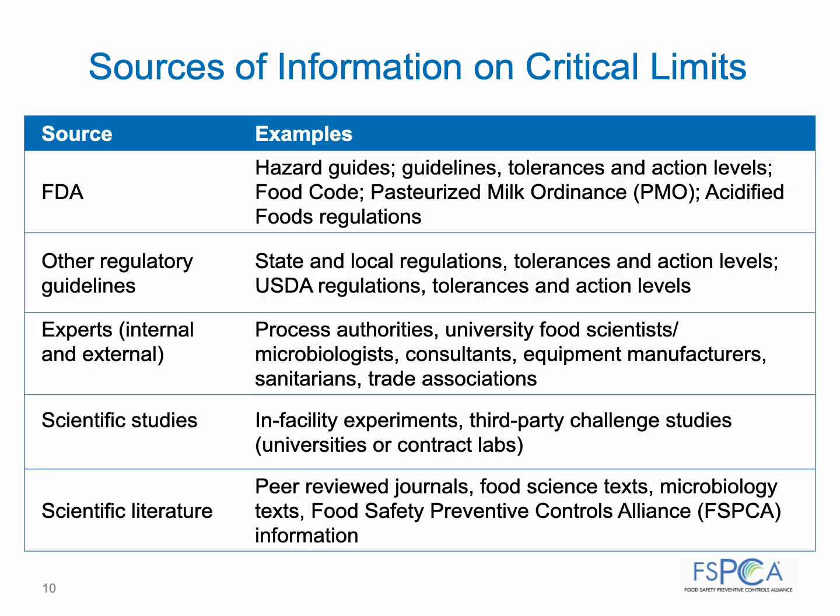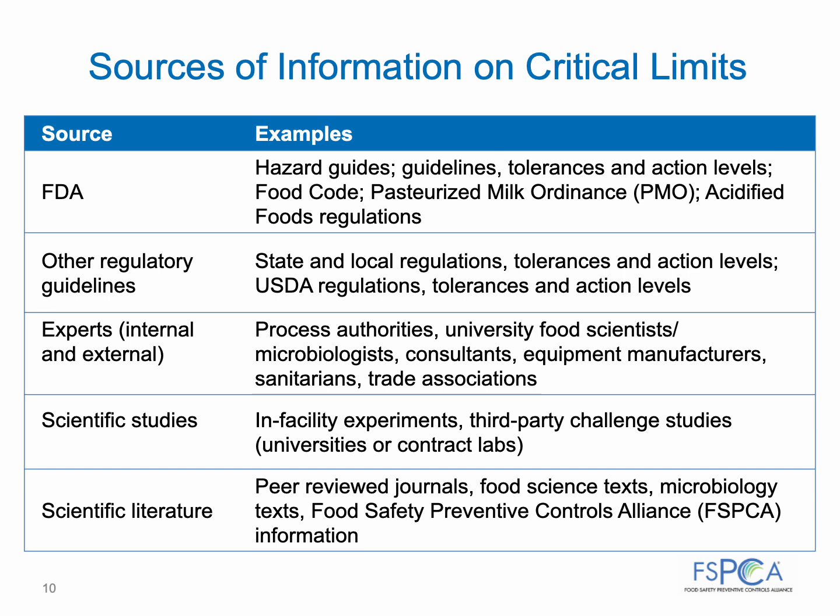A number of sources of scientific and technical information can be useful in establishing critical limits. The FDA and other governmental agencies may provide information through technical staff, regulations, guidelines, directives, performance standards, tolerances, and action levels.